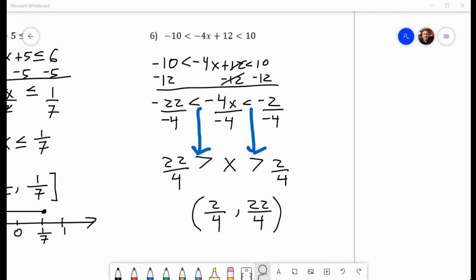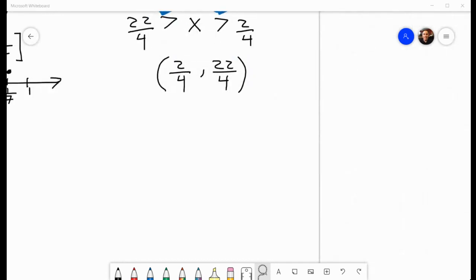But now, if we wanted to graph that, what happens here? Well, first you can't see it because I've got to move it down. Here we go. Here's what we get. We have the number line. Here's 0. We know 2 over 4 is a half, so that's between 0 and 1. 22 over 4 is greater than 5 and less than 6.